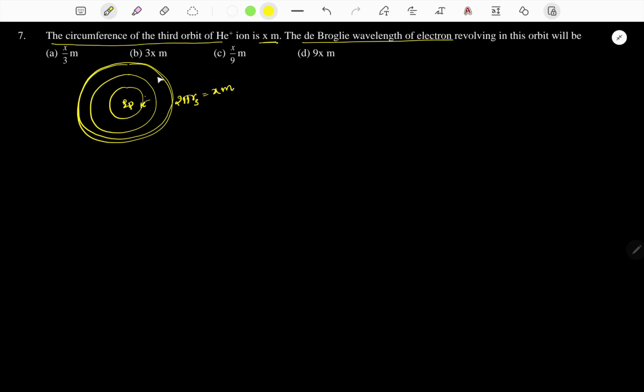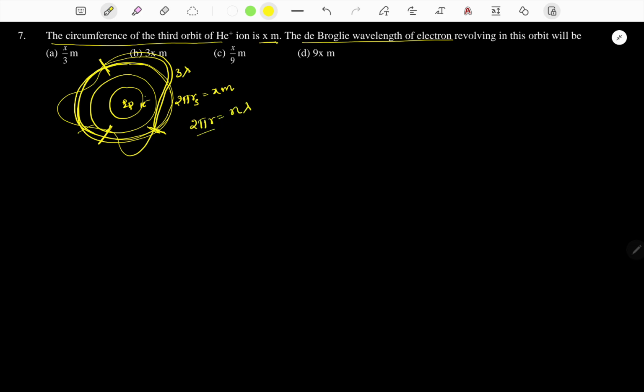Suppose the same electron is revolving in the third orbit, so it revolves like this because it is the third orbit. That means it is equal to 3 lambda, because it is lambda, another lambda, and lambda. So there are 3 waves. According to de Broglie, 2 pi r is equal to n lambda.